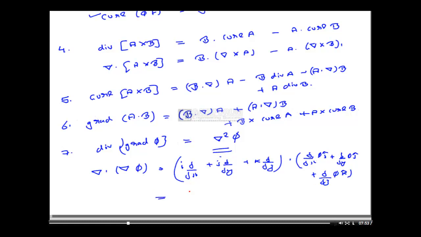So this can be written as del square phi by del x square plus del square phi by del y square plus del square phi by del z square. Okay, this way it is derived. It will become del square phi. This is a very important one. This was property number 7.